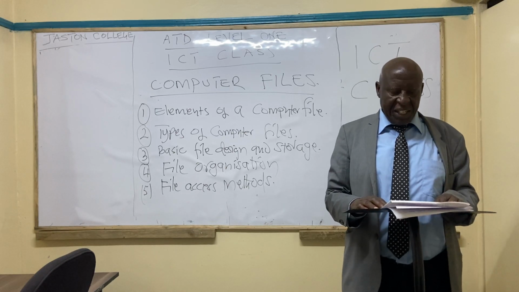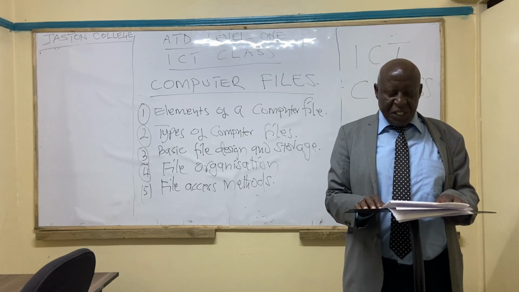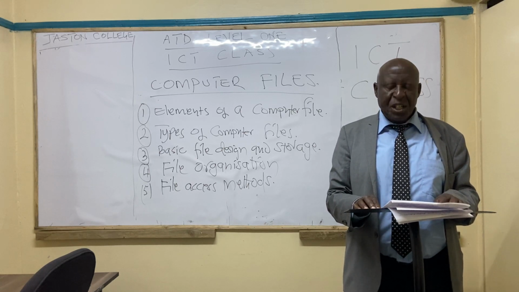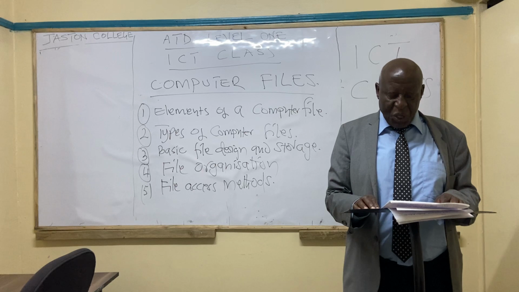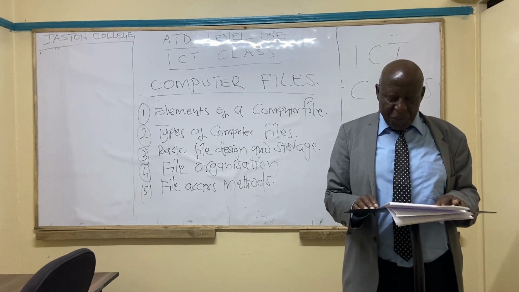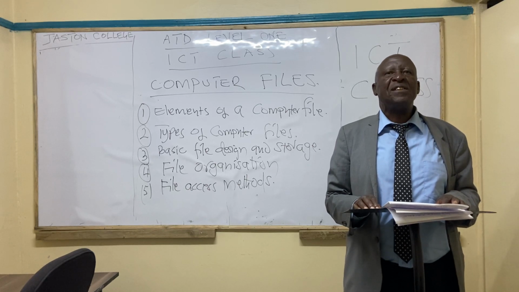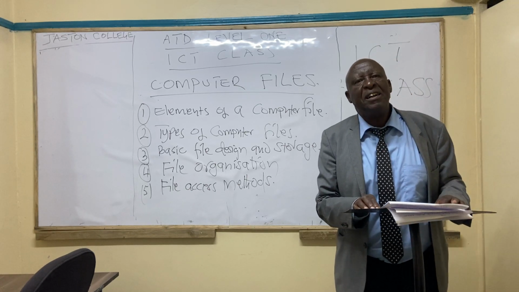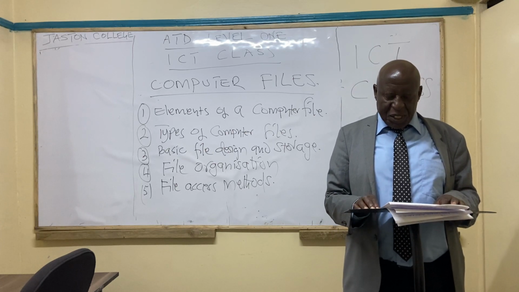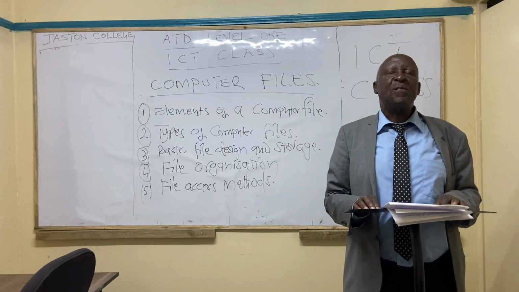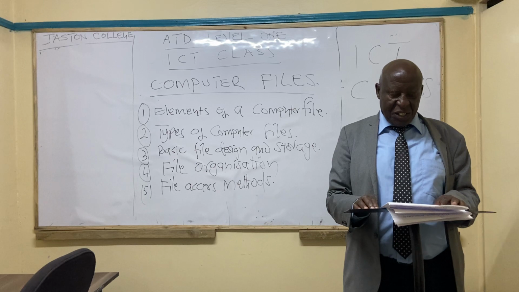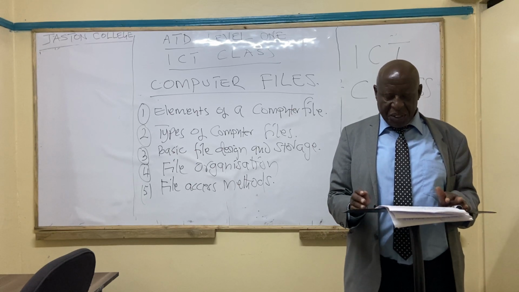The next is field. A field is a single character or a collection of characters that represents a single piece of data. An item of data within a record is called a field, as it is made up of a number of characters, e.g. a name, date, or amount.